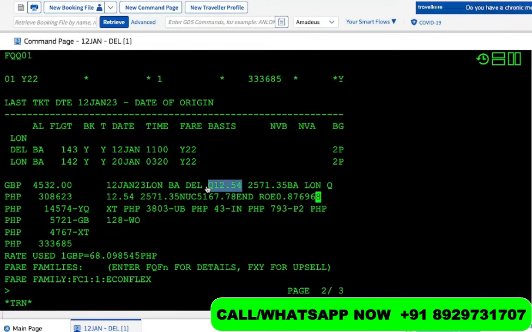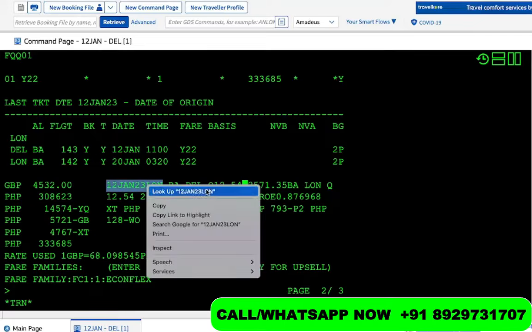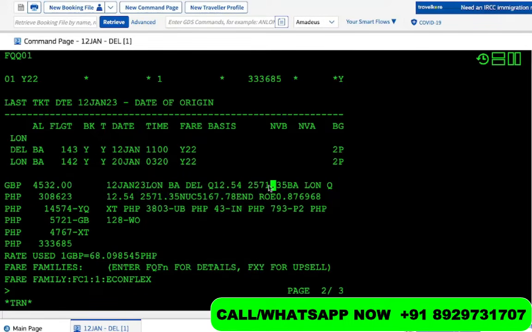I will be covering this in future because this is a theoretical part, but this is a queue surcharge that will be applied, and the total base fare that we will have from London to Delhi is 2,571. Understand, this is neither in GBP nor in Philippines peso.